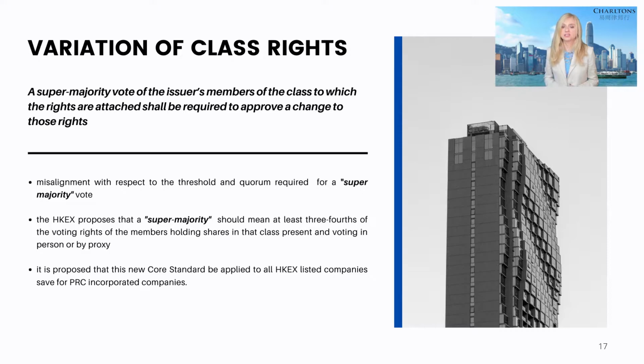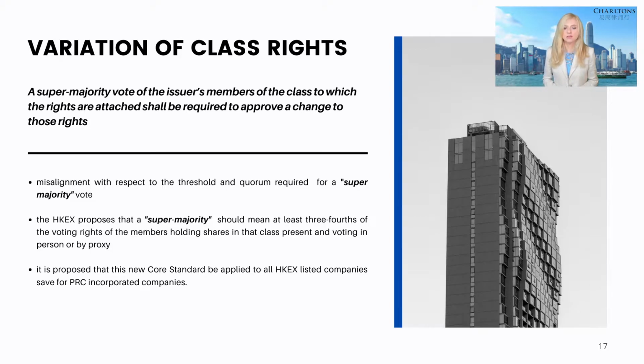The Hong Kong Exchange is proposing to apply the proposed core standard to all Hong Kong Exchange-listed companies. However, for PRC incorporated companies, it's proposed that the current requirement under the mandatory provisions be maintained.